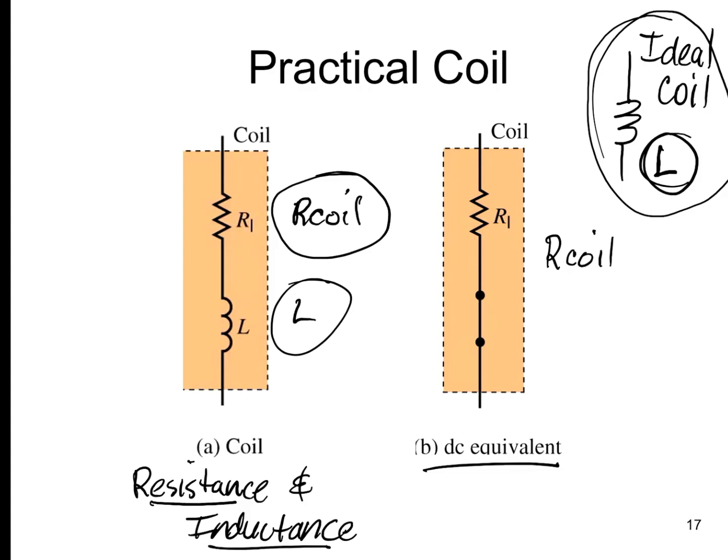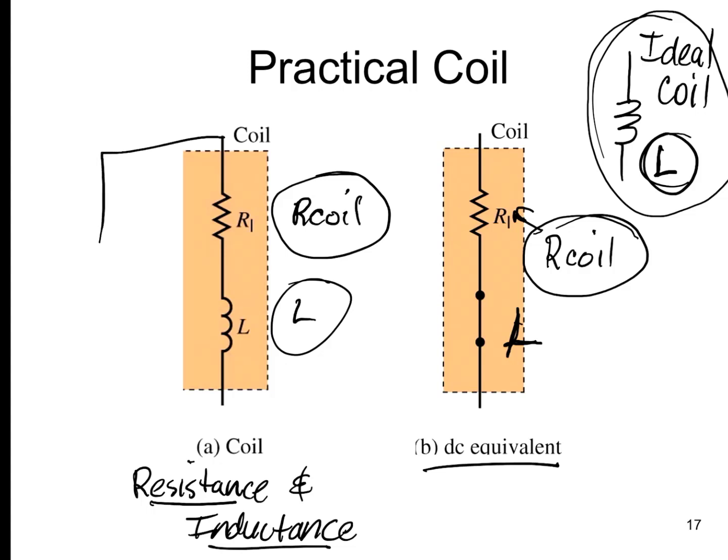with our L value. When it comes to the DC equivalent, which we just talked about, the steady state though, the only thing we have to consider is the R coil value here. There's no L value that we need to concern ourselves with. And we talked about that previously, and that was simply because the magnetic field's not changing, so the inductance value or the L value doesn't exist in that scenario.